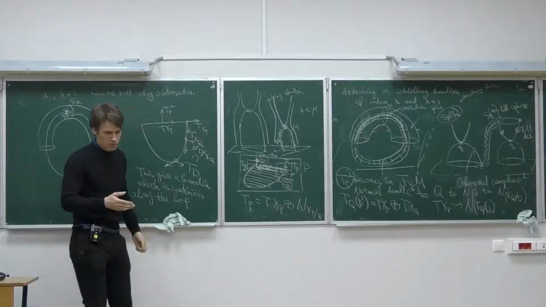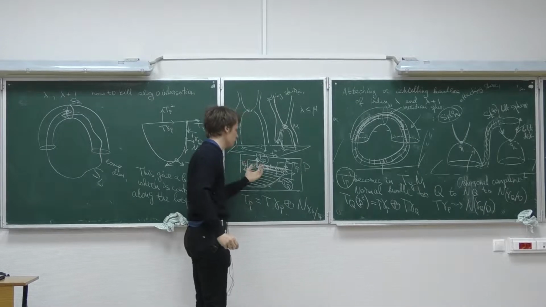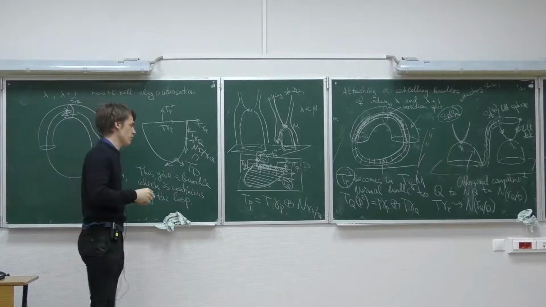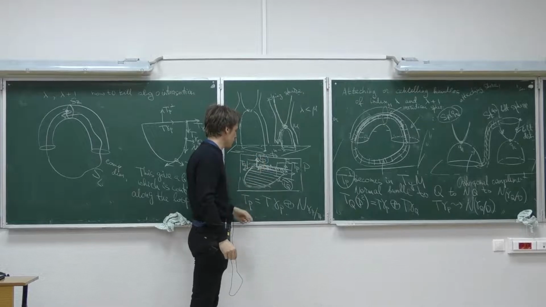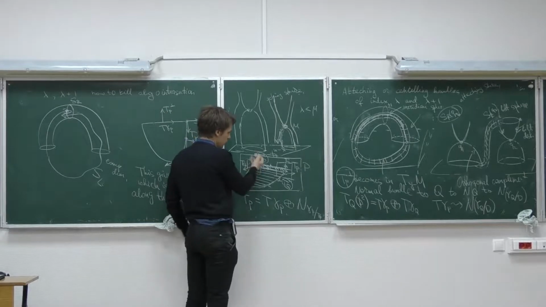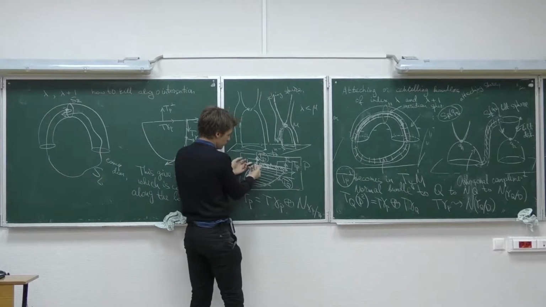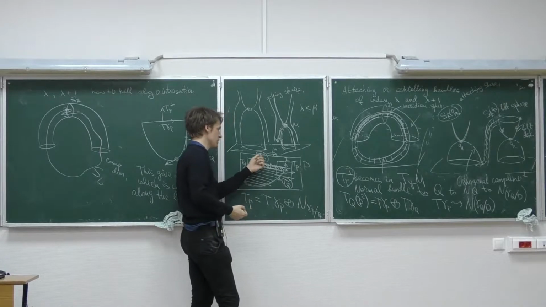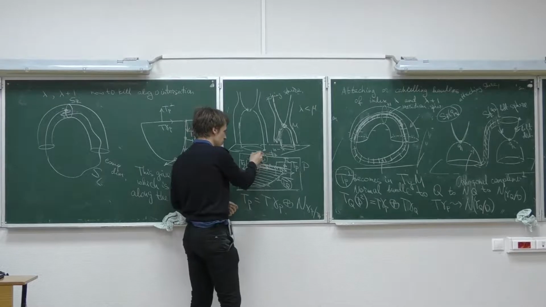And now you do the following trick. You have the splitting. So what we get so far is that along the disk we have a splitting of the corresponding vector bundles. Using the splitting in the direction which is just tangent, this tells you how to move along this tangent space.